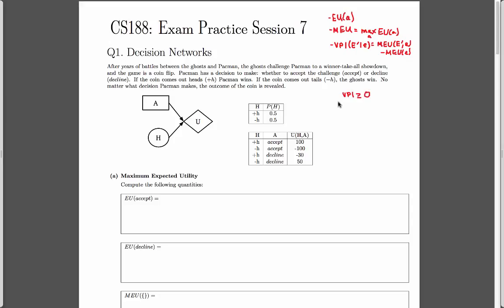Another property of VPI is non-additivity. And this is simply that VPI of A plus VPI of B does not equal VPI of A and B.